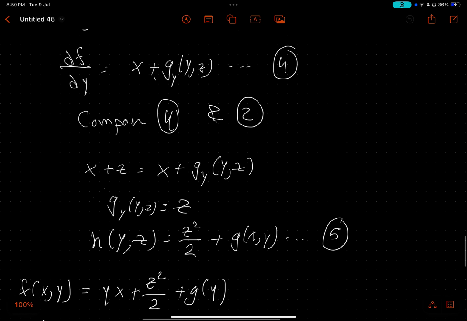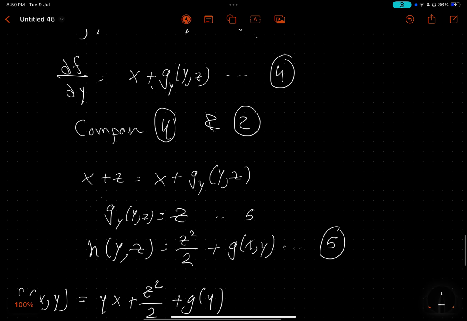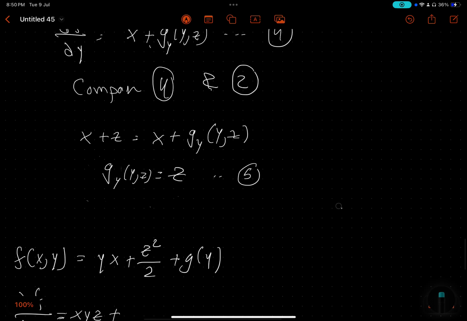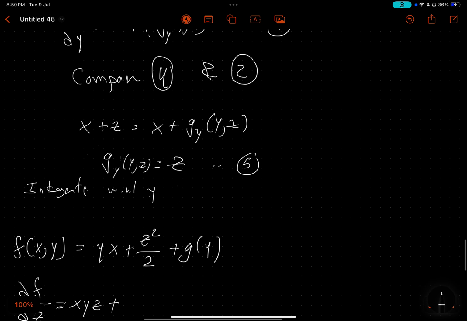Okay, so call this 5. Now we need to integrate this with respect to y, which is basically g of yz equals yz plus g of z, h of z.